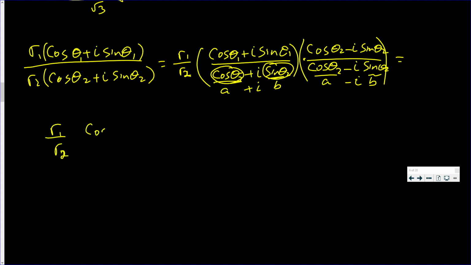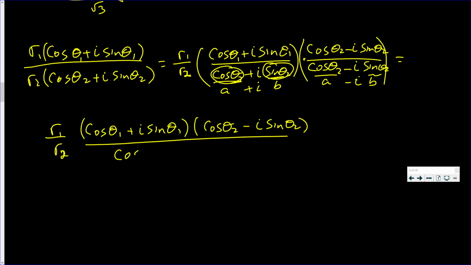The numerator is cosine theta 1 plus i times sine theta 1, times cosine theta 2 minus i times sine theta 2. And the bottom is just 1. It's cosine squared theta 2 plus sine squared theta 2. Okay. Now, this is where we have to be clever. So that's 1, and the rule for dividing by 1 is not to bother.